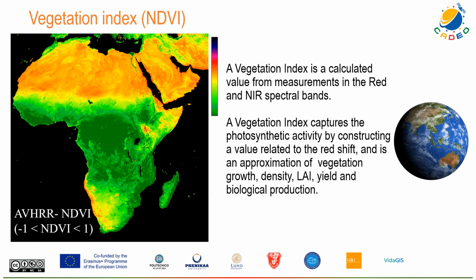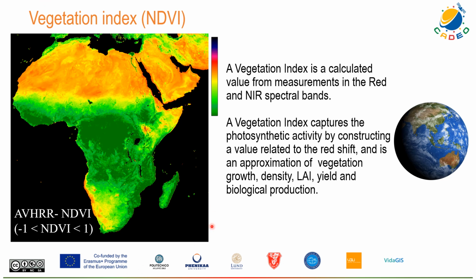A vegetation index is a calculated value from measurements in the red and the near infrared spectral bands. A vegetation index captures the photosynthetic activity by constructing an index value that is related to the red edge shift, and can be seen as an approximation of vegetation growth, density, leaf area index, yield, and biological production.